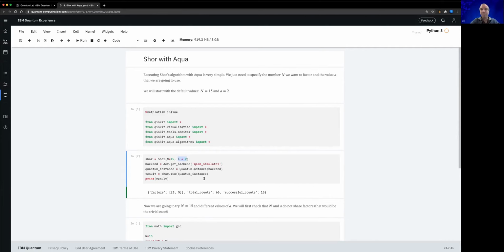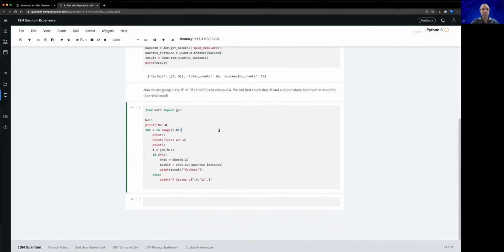And after some executions of the circuits that we have been discussing, this quantum phase estimation with the modular exponentiation, the result that I obtain is these factors 3 and 5.